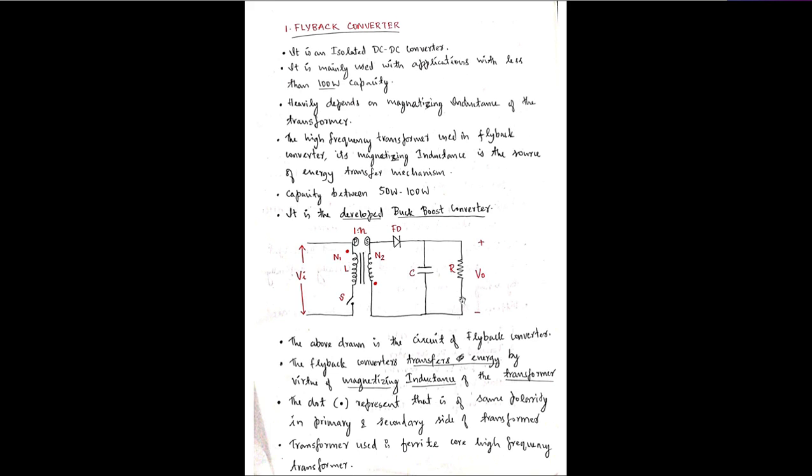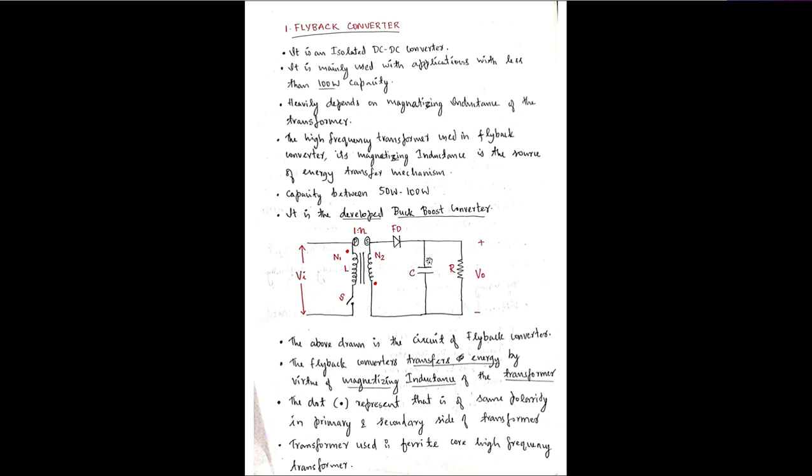Okay, so this is the circuit diagram of the flyback converter. Here input side, input is there, then a transformer primary winding is there with N1 turns. Okay, this is the primary winding. Switch is placed here in this input side. Then in the output side, means secondary side, the transformer secondary winding is there, with the number of turns N2, and the remaining is same as what we have seen in buck boost converter.